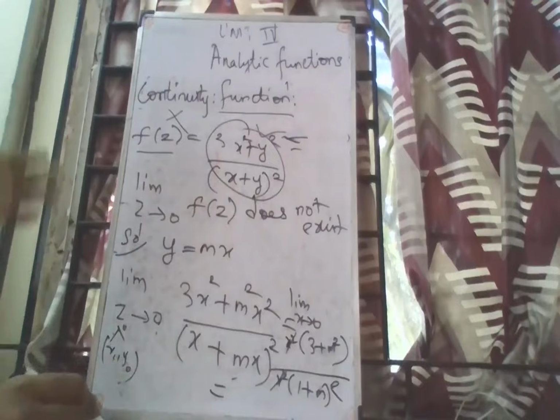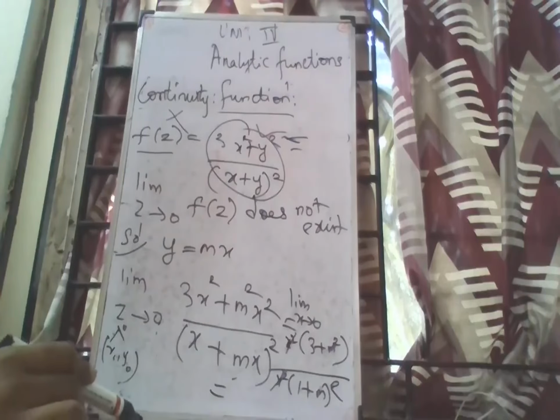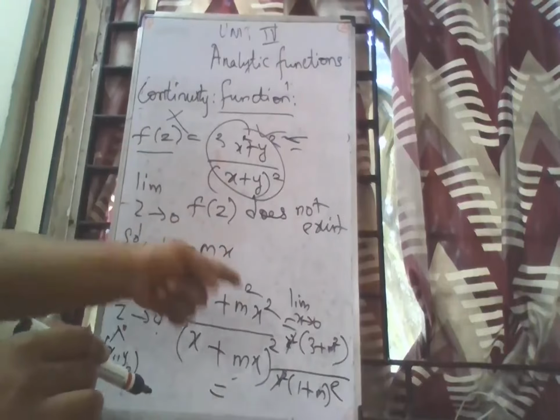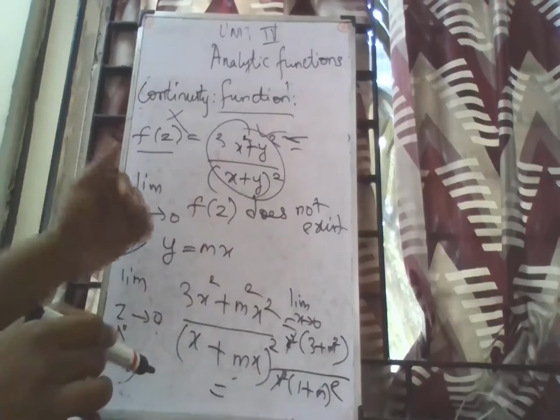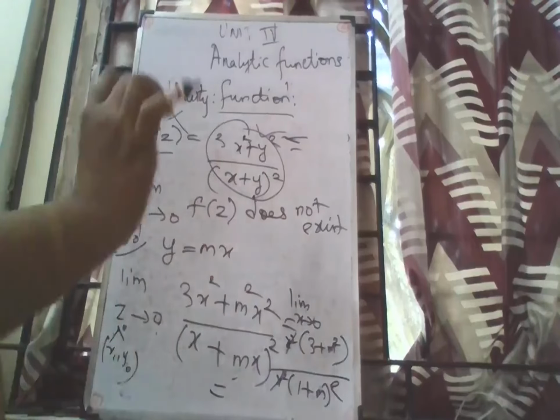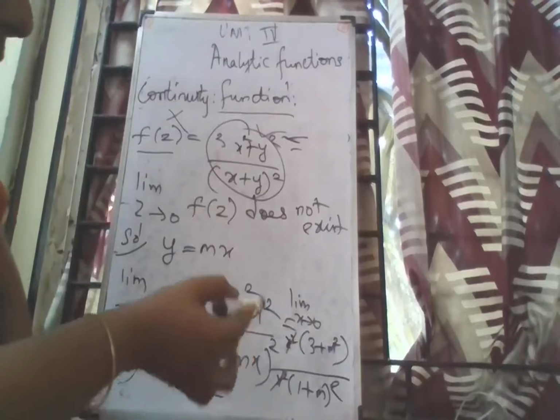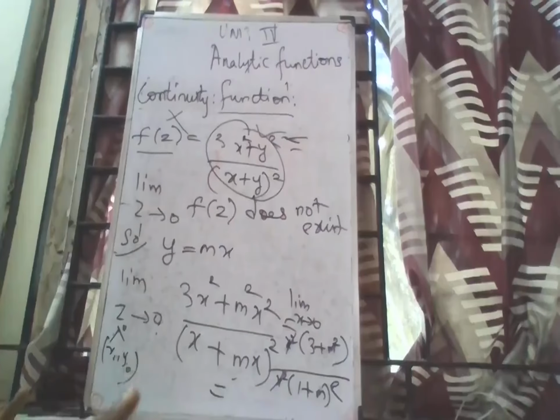Definitely, the limit does not exist. For different values of m, I'll get different values, so the limit does not exist. Please be careful in this. It's very, very important. You just understand the idea, that's enough here.